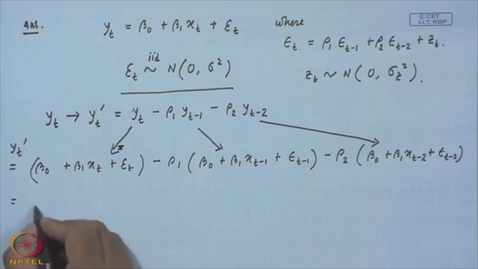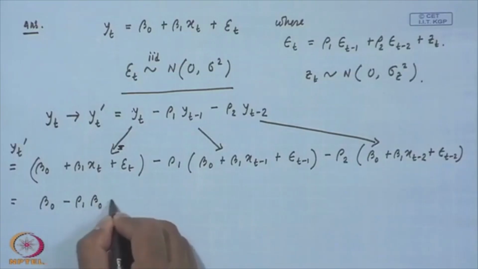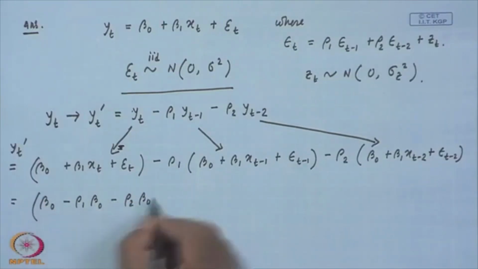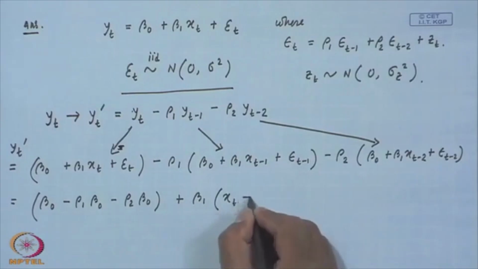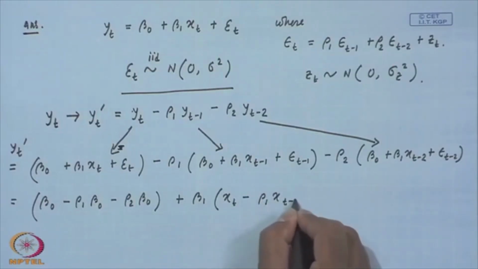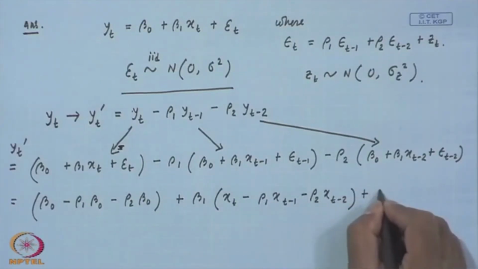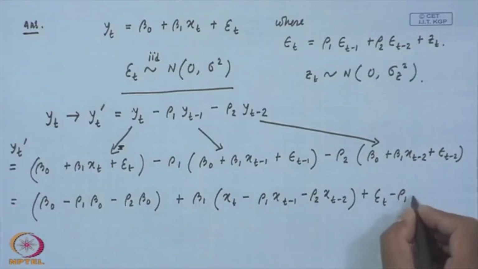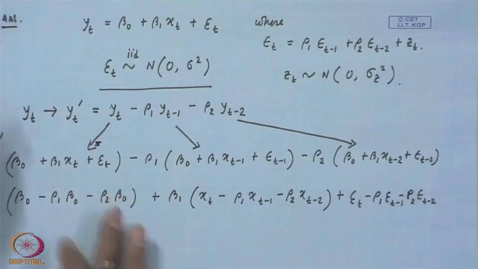So, this can be written as beta naught minus rho 1 beta naught minus rho 2 beta naught plus beta 1 times x t minus rho 1 x t minus 1 minus rho 2 x t minus 2, plus epsilon t minus rho 1 epsilon t minus 1 minus rho 2 epsilon t minus 2, right.